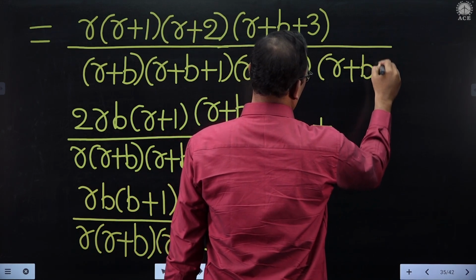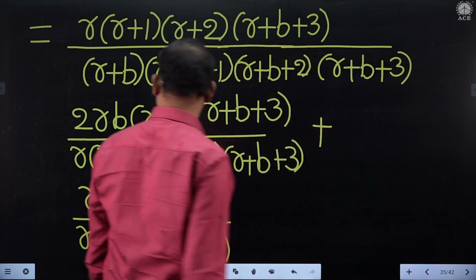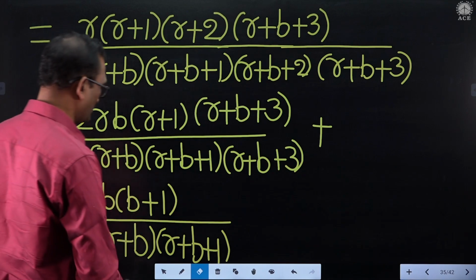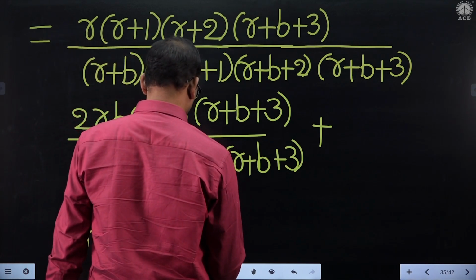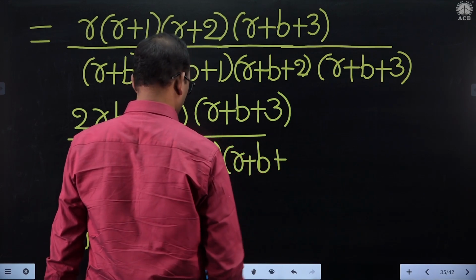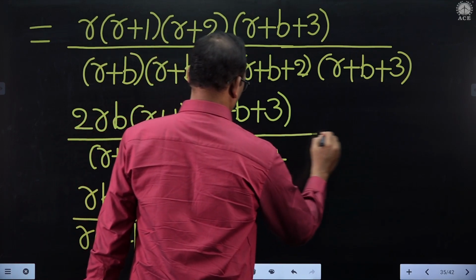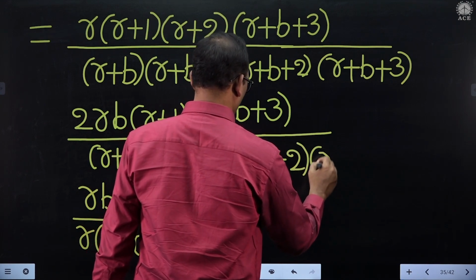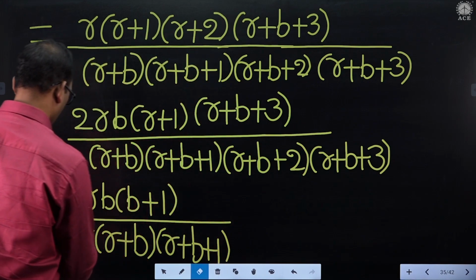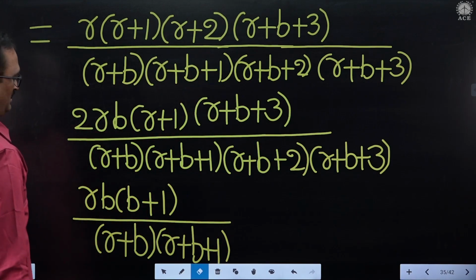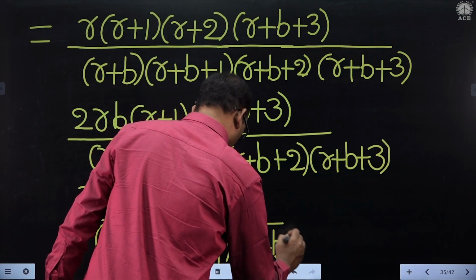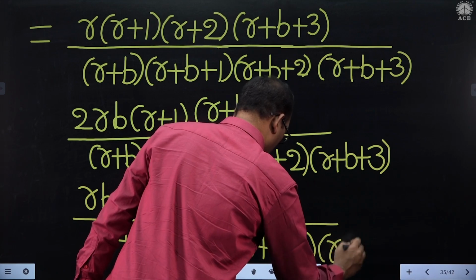Let me check the denominator, fine. We don't have r in the denominator here. Similarly here also r plus b correct, r plus b plus 1 correct, r plus b plus 2, r plus b plus 3. Similarly here also r plus b plus 1, r plus b plus 2, r plus b plus 3.